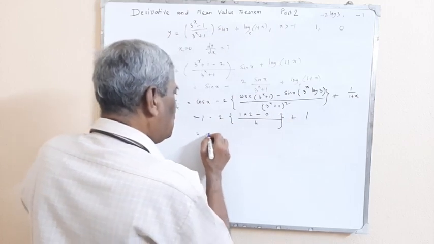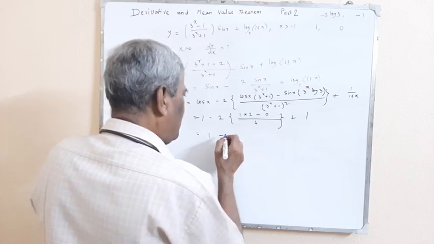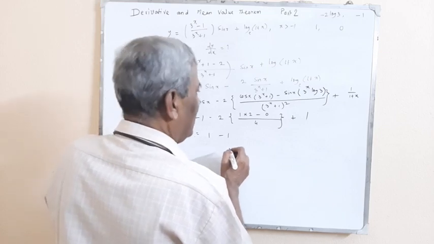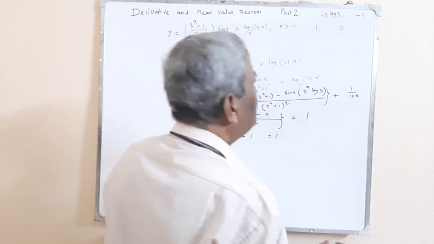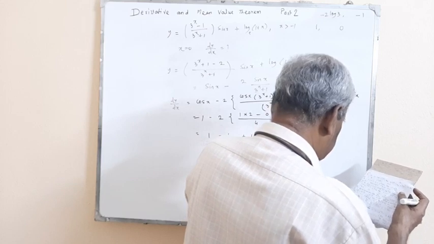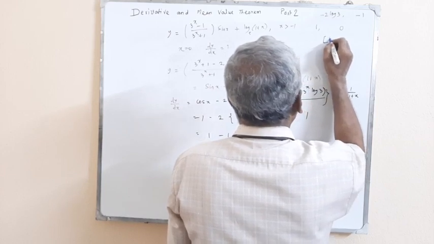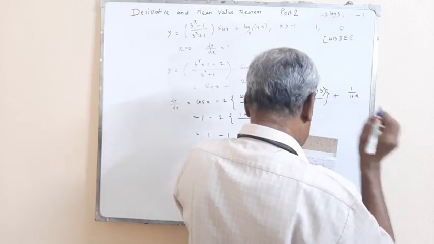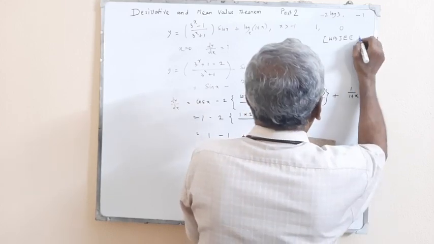So it is equal to 1 minus 4 by 4, which is 1, plus 1. So the answer is 1. And that problem was given in WBJEE in the year 2012.